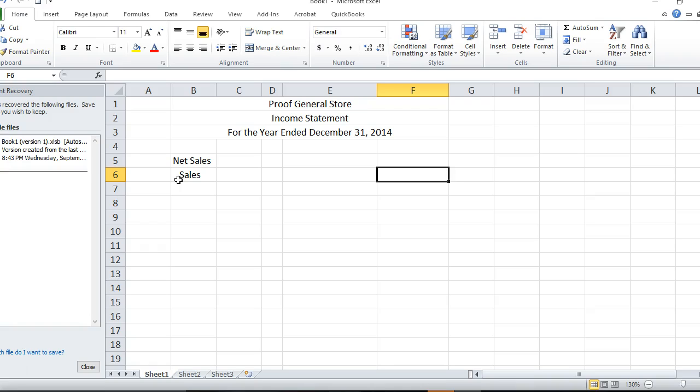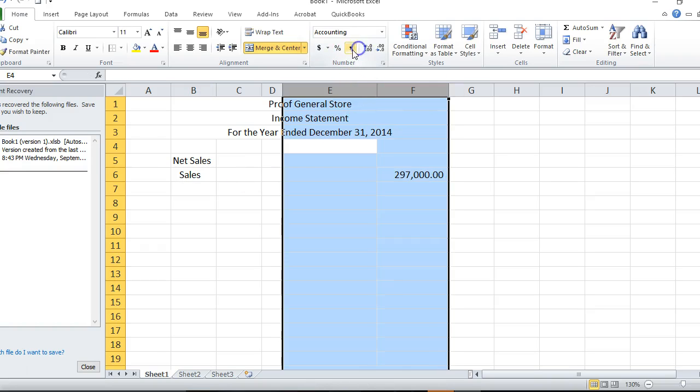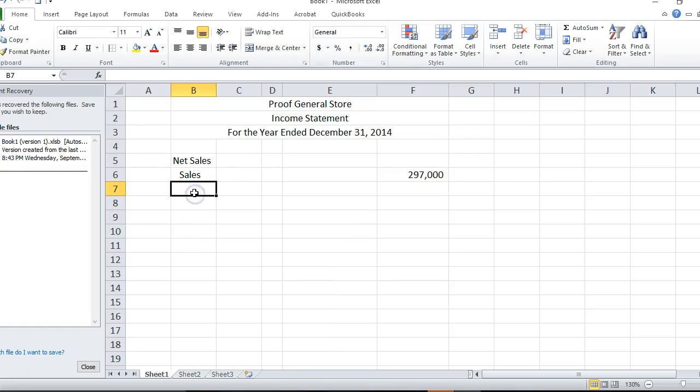And anyone see what the 297? Okay. The sales were 297, and we have to take from that the sales that got returned and allowances.